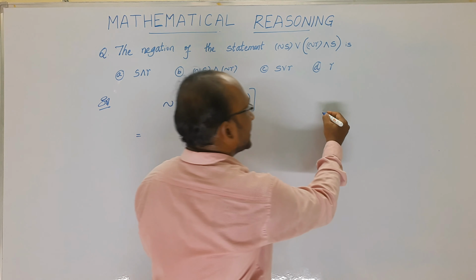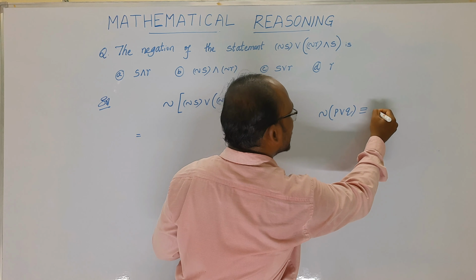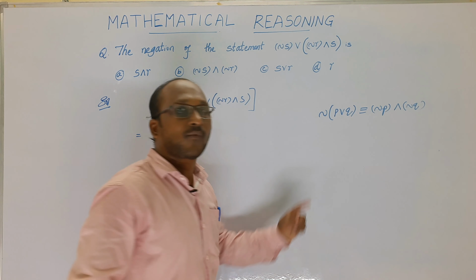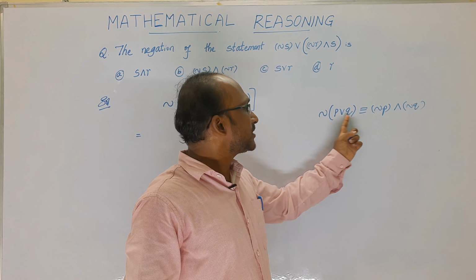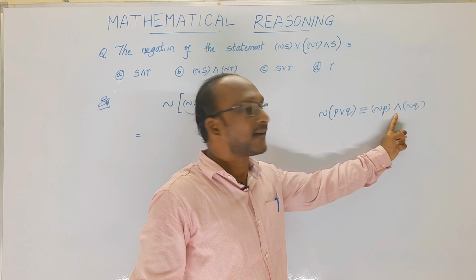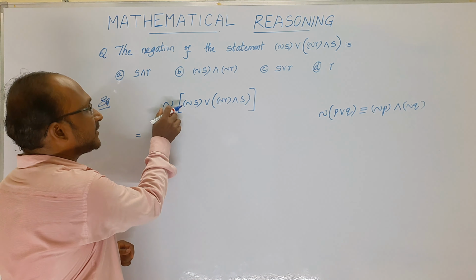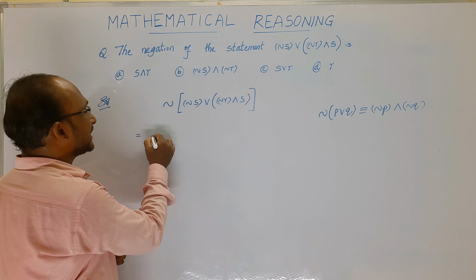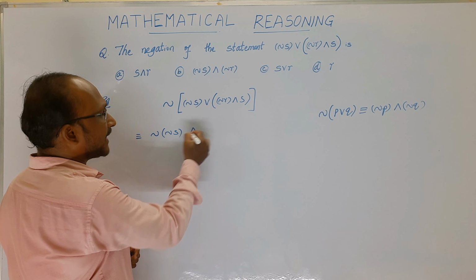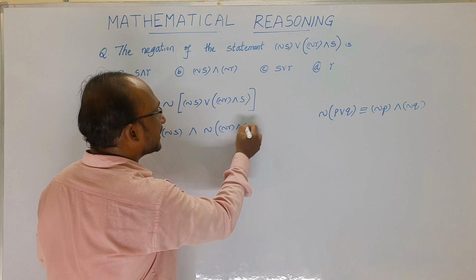But we know that the negation of the disjunction P or Q is equivalent to negation P and negation Q. Here, what changes can we observe? Negation is given to these two statements and the connective or becomes and. So here also let us make the same changes. Let us give this negation to both the statements. That is negation of negation P, this or becomes and, negation of the second statement negation of Q and P.